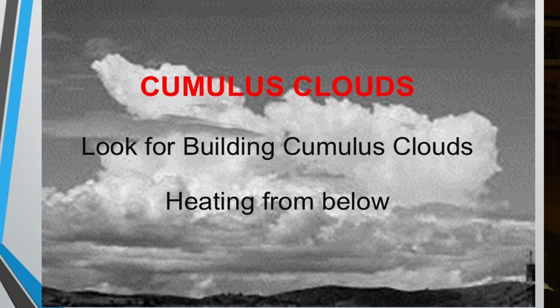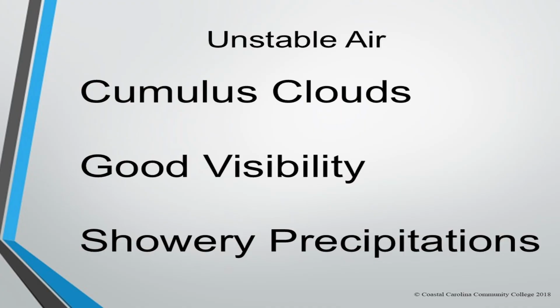The higher you go, the cooler it gets. You reach the dew point, and eventually it will start raining. So those big old beastie clouds usually at the end of a warm day are cumulus clouds. Unstable air is cumulus clouds, good visibility because everything's blown away, and showery precipitation.